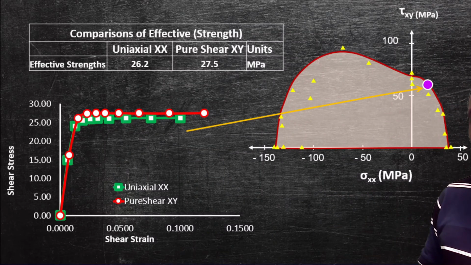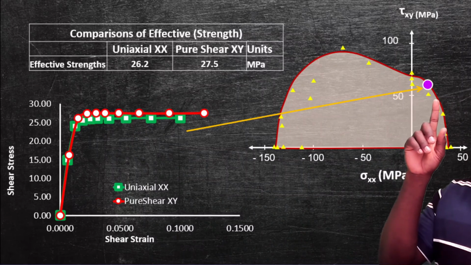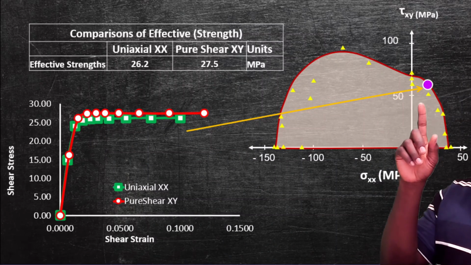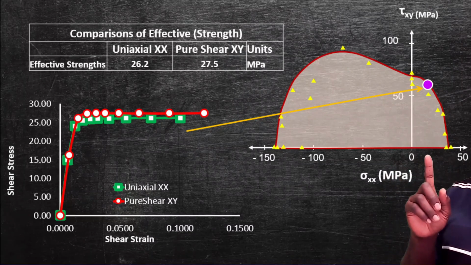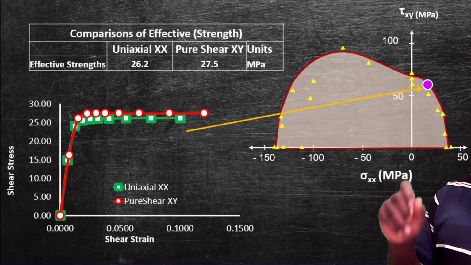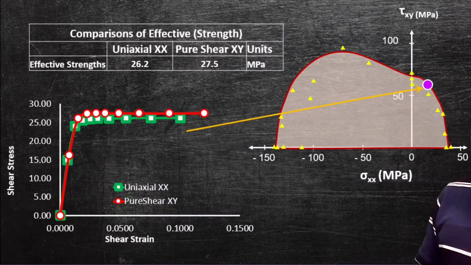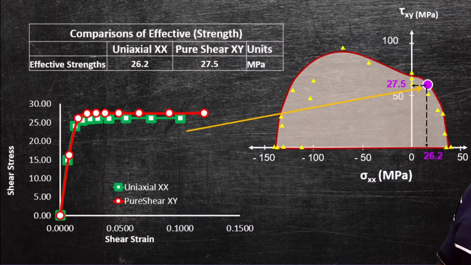What we are really looking at is that this particular simulation can be a point on that data at this point. Because we take a value in the x direction and a value in the y direction, a combination of those two loadings will create a point on the stress strain data. In this case, on the x-axis it's about 26.2 megapascal, on the y-axis 27.5 megapascal.